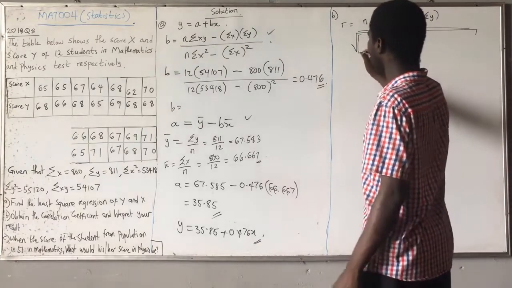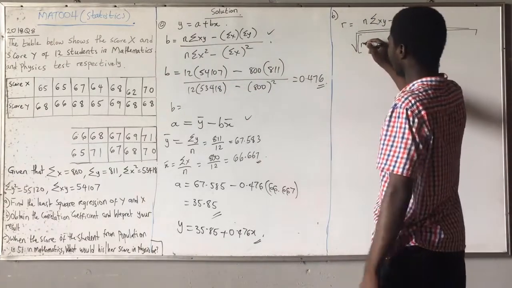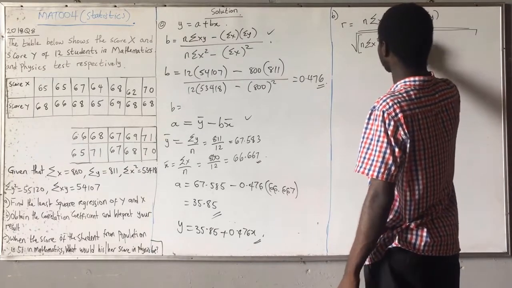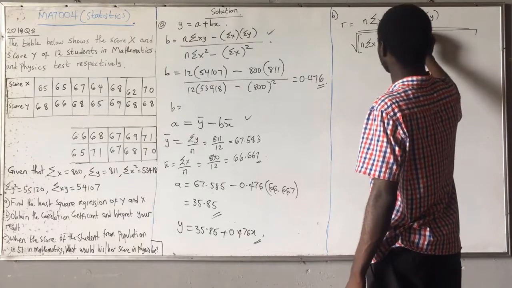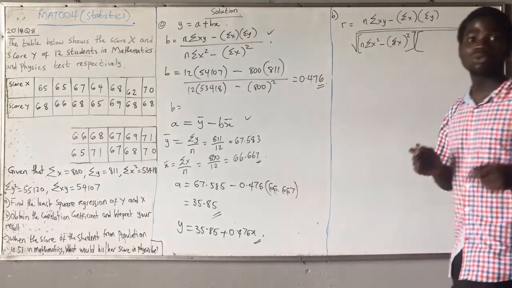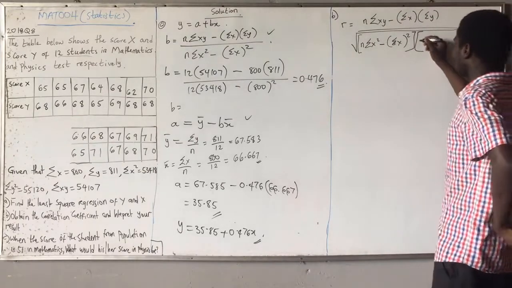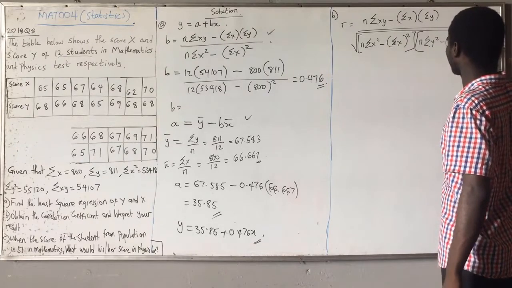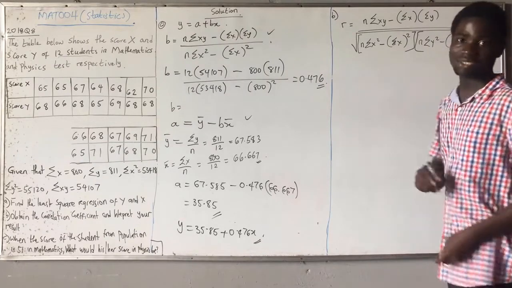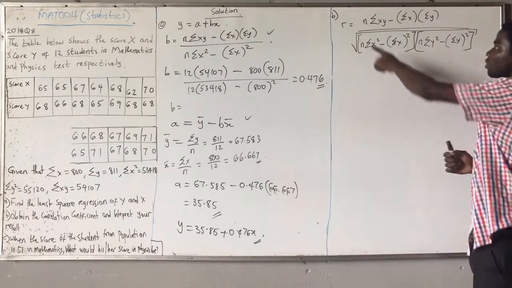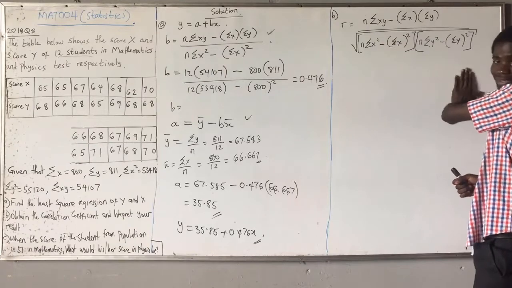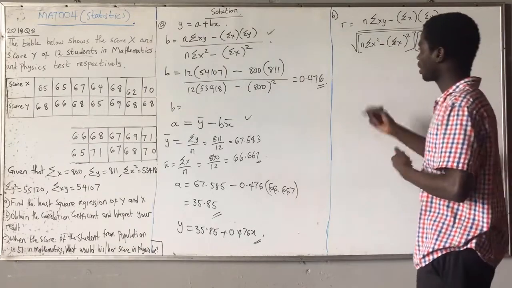Open a bracket, n summation of x squared minus summation of x all squared, close the bracket. Then you will do the same thing for y as well. N summation of y squared minus summation of y all squared. That's what you have. So as you can see, you have n summation of xy minus summation of x summation of y all over square root of this. Do you understand my point?